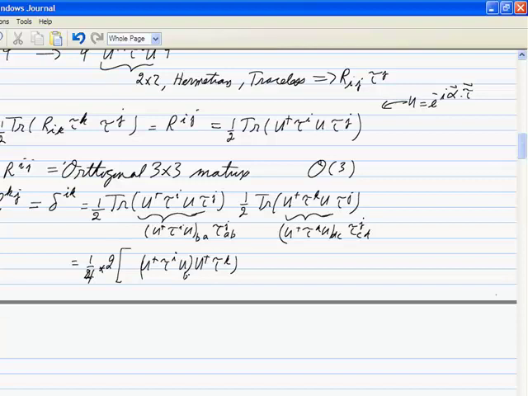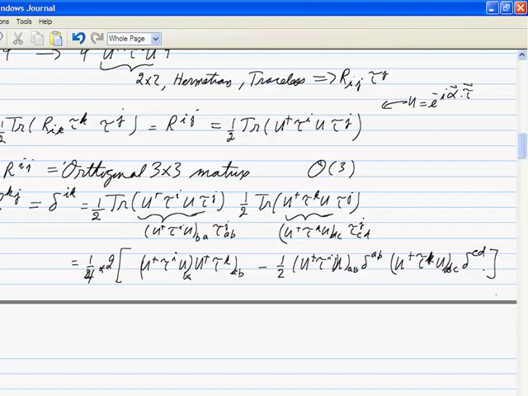So it's B A B. And the second term was minus 1/2 U dagger tau_I U_AB delta_AB, U dagger tau_K U, it was DC delta_CD.